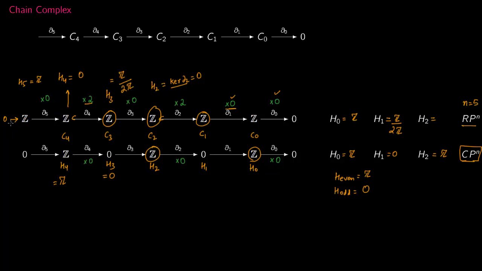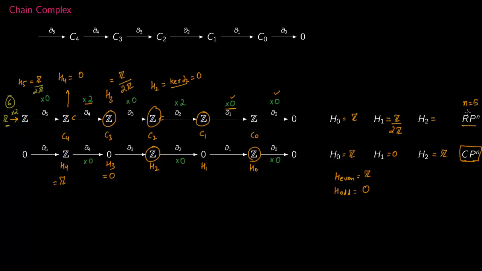But if the complex doesn't end here, that is, this n is 6 or so, then obviously you don't have a 0 here. You in fact would have integers here. So if you would have integers here, then you would multiply by 2, and then you will get z by 2z in case you have integers here. That is point number 6. So it depends upon where the complex ends, but it will just move on inductively.